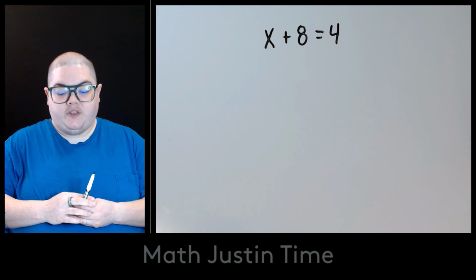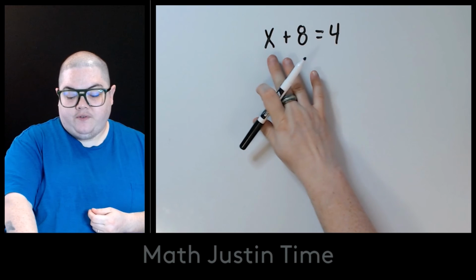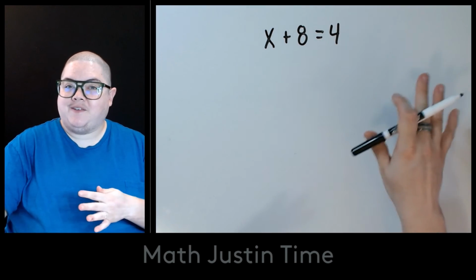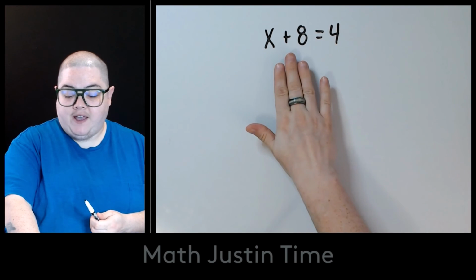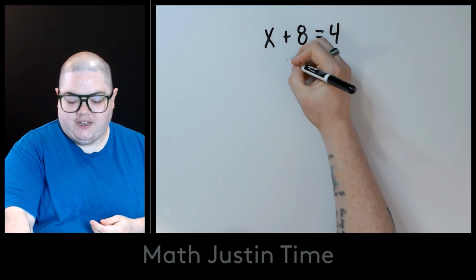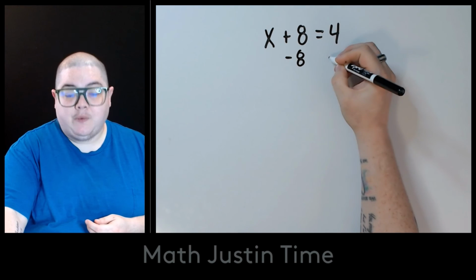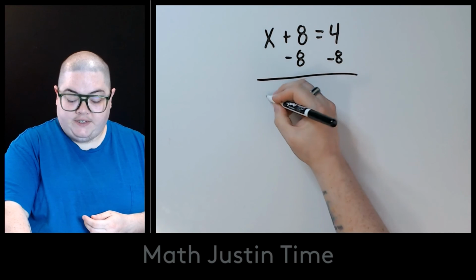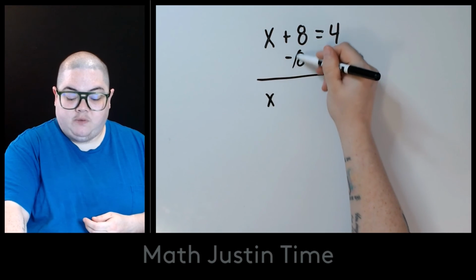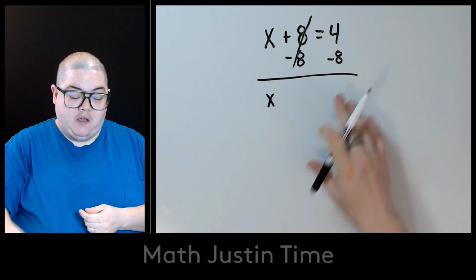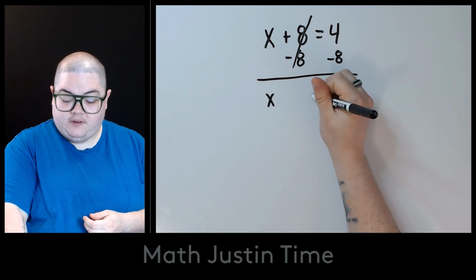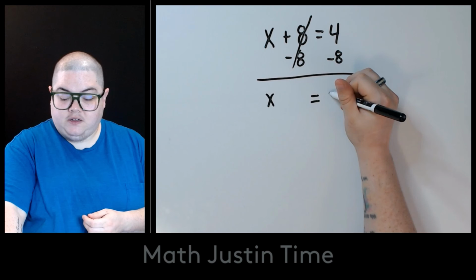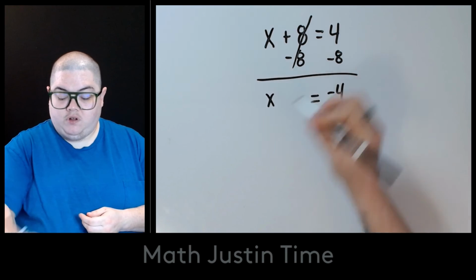So let's solve this one. Remember we want to get x on one side and everything else on the other. So if we have a plus 8, we're going to subtract 8. And make sure we do that on both sides. We bring our x down. These numbers cancel out. And what we're left with is an equal sign and a negative 4.